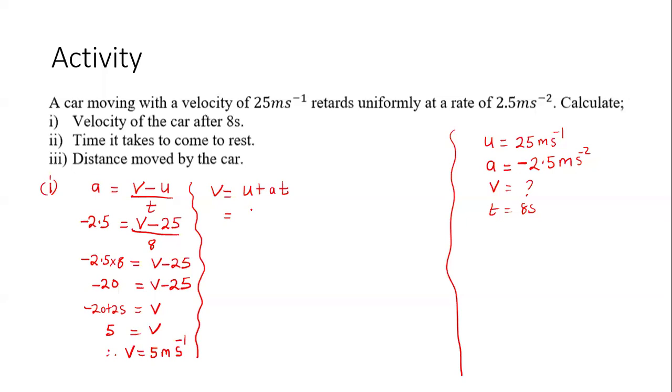So v, we don't know. U is 25 plus negative 2.5 times 8. So it's 25 minus 20. Yeah, which gives us?